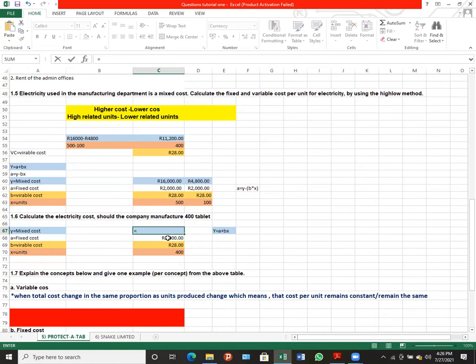Y equals A plus B times X, right? You get 13,200, guys, is the amount that you are going to pay for electricity if you manufacture how many tables? 400 tables.